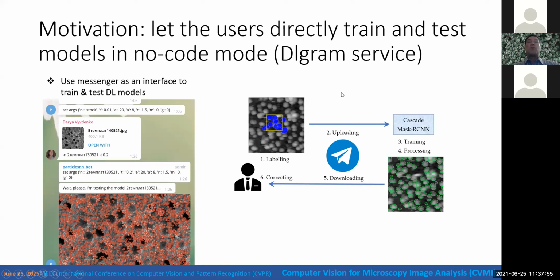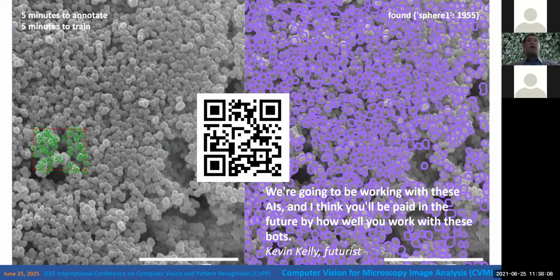You can also use this trained network in further experiments and test it on images of the same series. Here you can see one of the typical results: in 10 minutes using this subshot learning approach, about 2,000 objects were obtained, and some statistics can be automatically processed and obtained for these experiments.